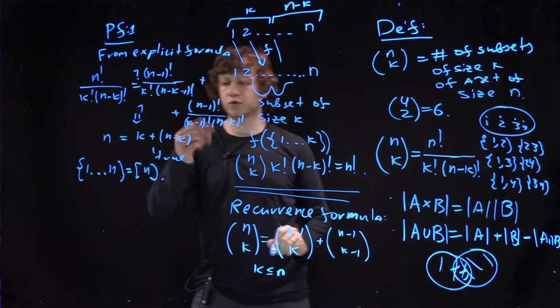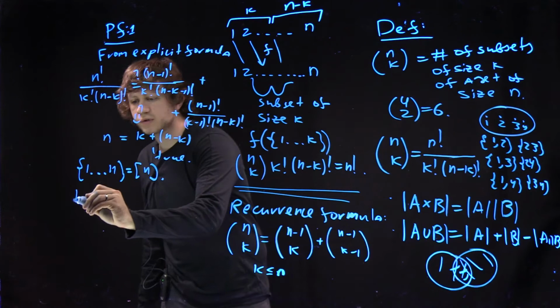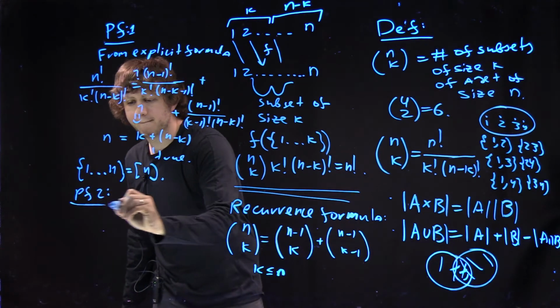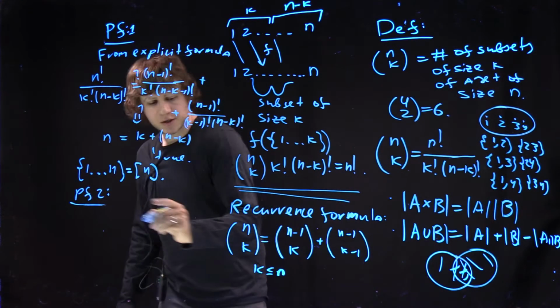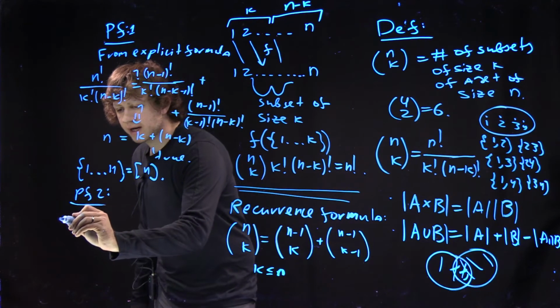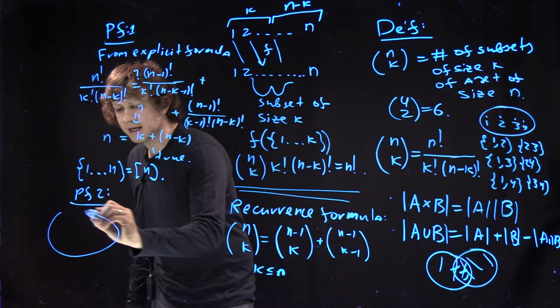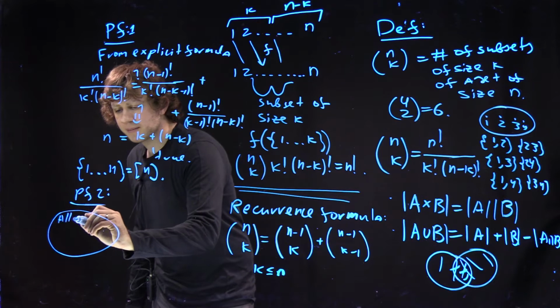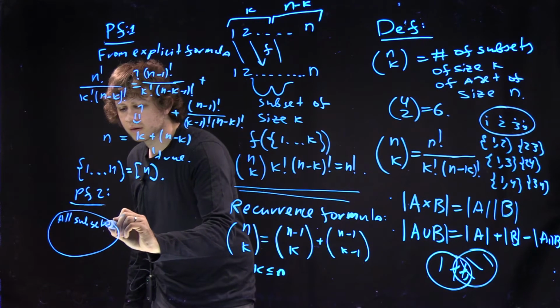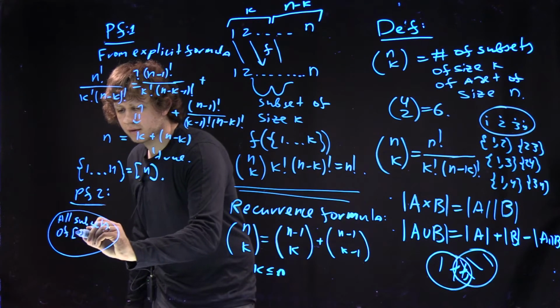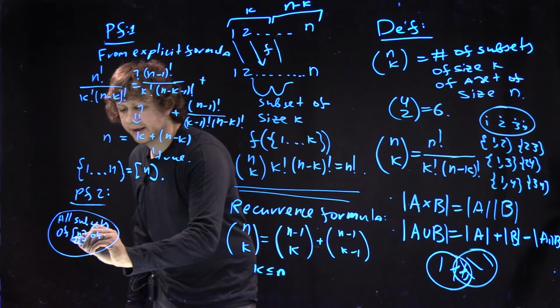That's useful notation. So proof 2 is as follows. We have on one hand the set of all subsets of n of size k.